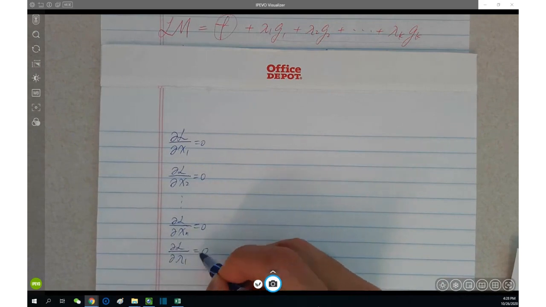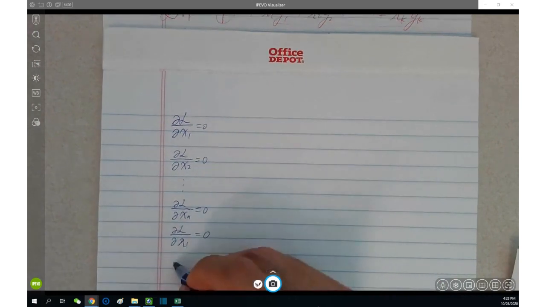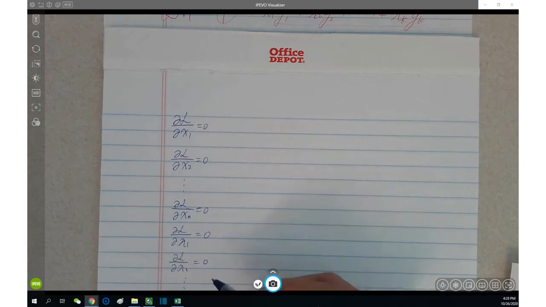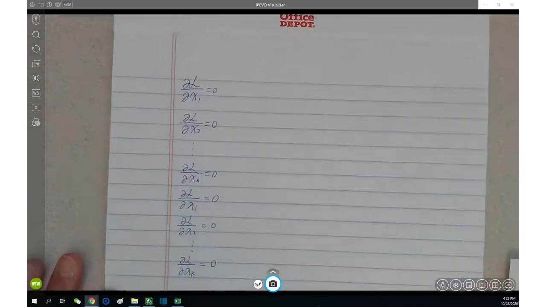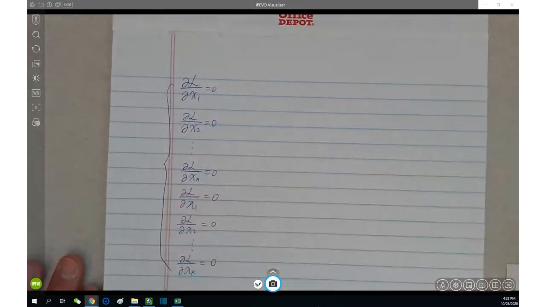Does it make sense? So lambda 1 through lambda k are new unknowns, okay? New variables pretty much. We have bigger simultaneous equation groups.